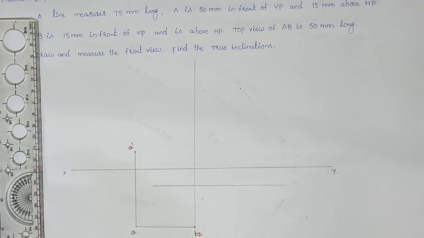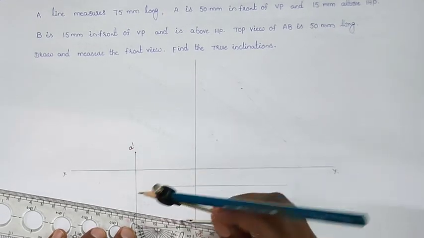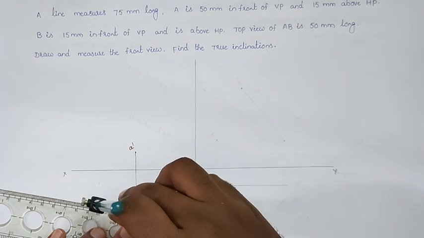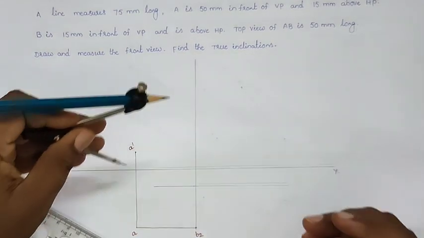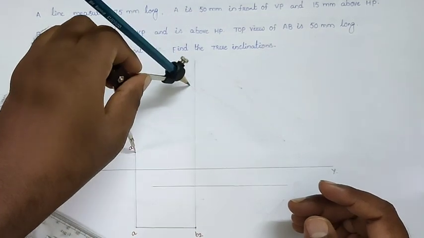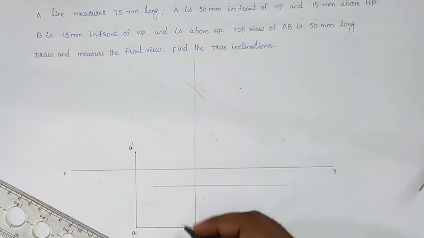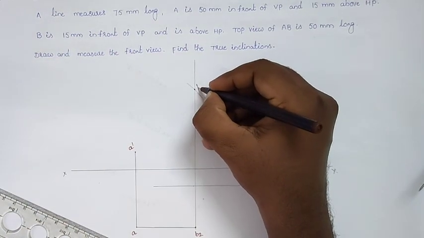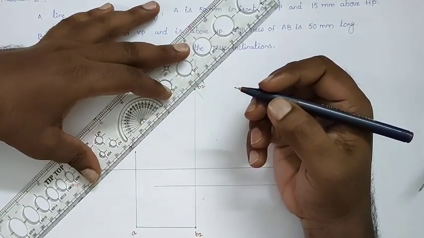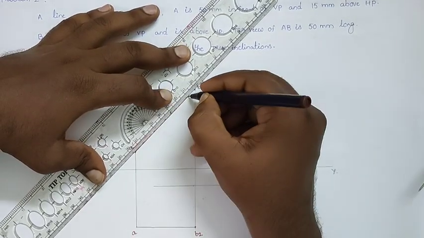Now with the true length of 75 mm, from point A dash, you will cut that inclined line and locate the point here, B2. So this point I am taking as B2 dash. So A dash B2 dash shows the true inclination with respect to HP, and which shows the true length of the line.